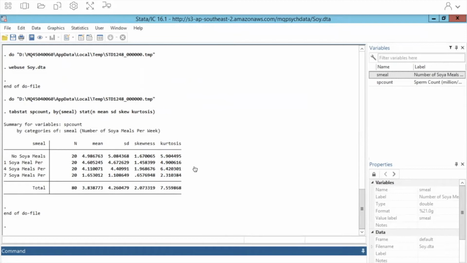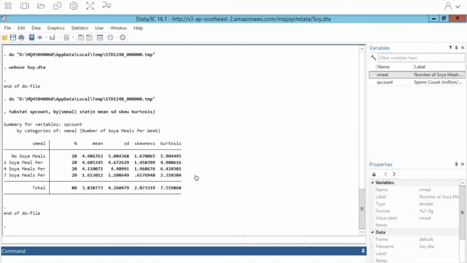But just remember that the skewness statistic greater than 0 is a positive skew, less than 0 is a negative skew. And in this case, since it's greater than 1 for 3 of these levels of our independent variable, that's highly problematic. So we've already started to violate the assumption of a normal distribution here. Because again, no soy, 1 soy, and 4 soy are highly positively skewed, according to the statistic here.